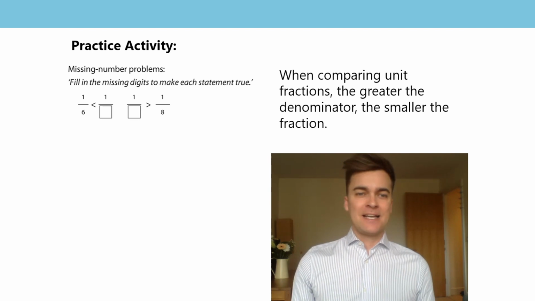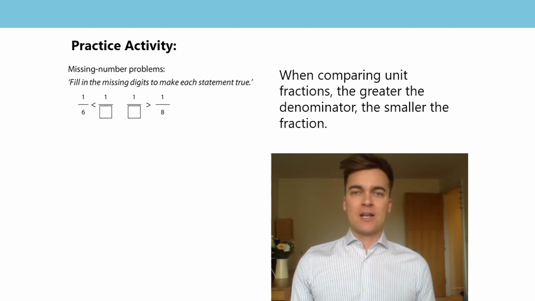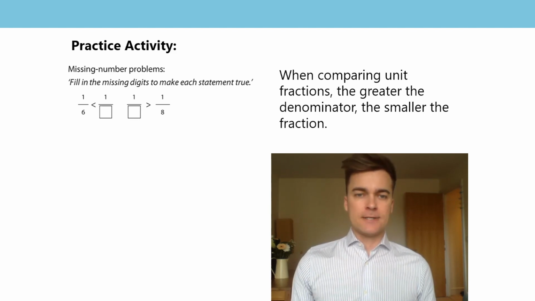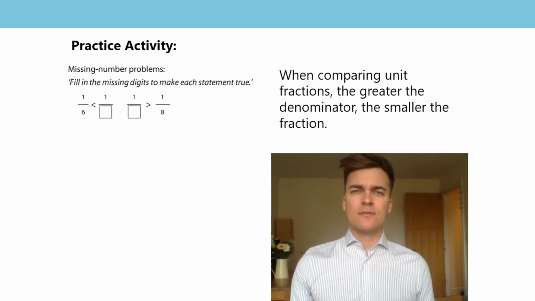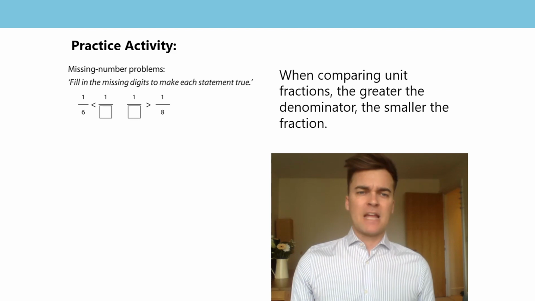Third part. So we have 2 inequalities, 2 statements to complete with missing denominators. What did you get for 1/6 is less than something? There's lots of options. How many options are there though? How many different denominators could we fill in?